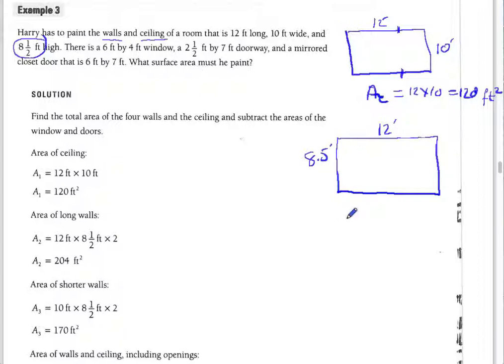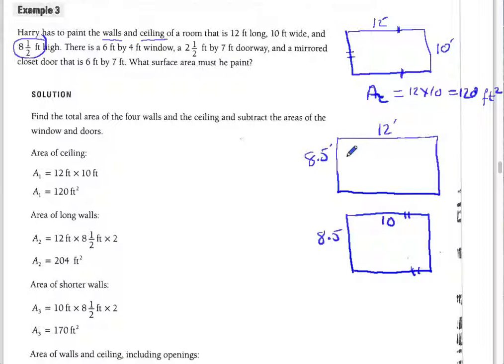And the other two walls have slightly different dimensions. They're only 10 feet. So this is 10, this is 8.5, and this one here is the same as this one in the original floor plan. Okay, these are the same. So we have to find out what these are, and there's two of them.